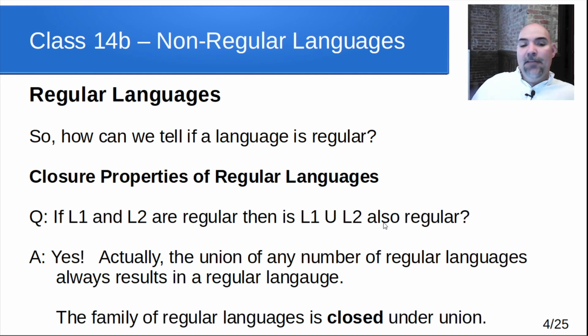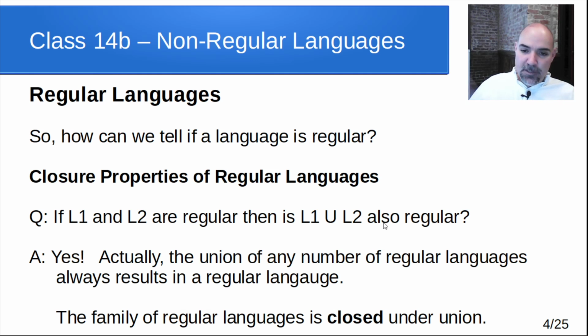And now I have an NFA that represents language 1 union language 2. And that NFA could then be converted to a DFA using the subset construction method that we had used previously. And now, since the result would be a DFA, that result would therefore have to be regular.